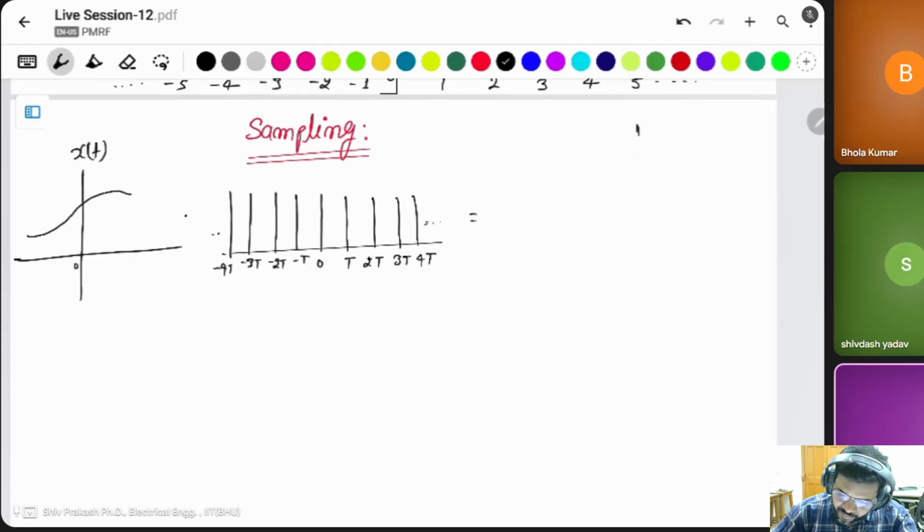Then your sampled signal simply looks like that.